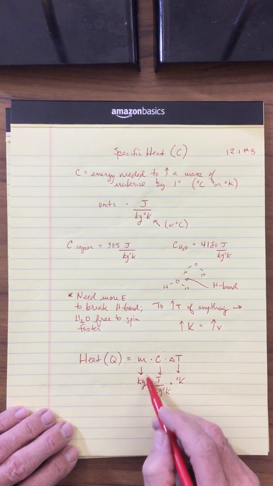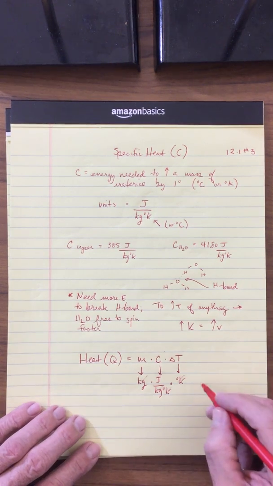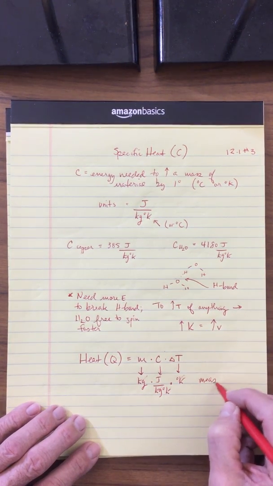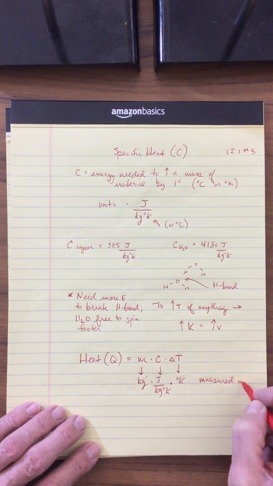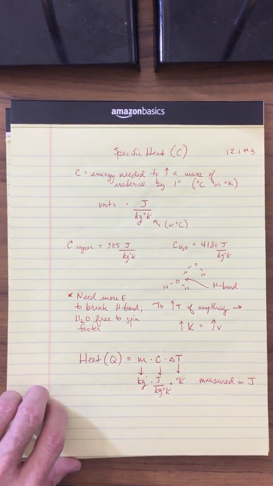And what you'll note is that the kilograms cancel, and then your degrees Celsius or your degrees Kelvin will cancel, and you're left with joules. So heat is actually measured in joules. Heat is energy being transferred from a higher to a lower energy, so it's going to be measured in joules.